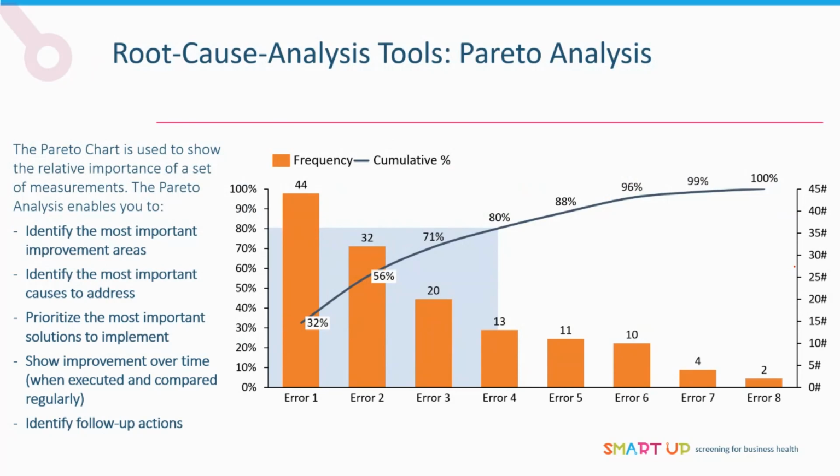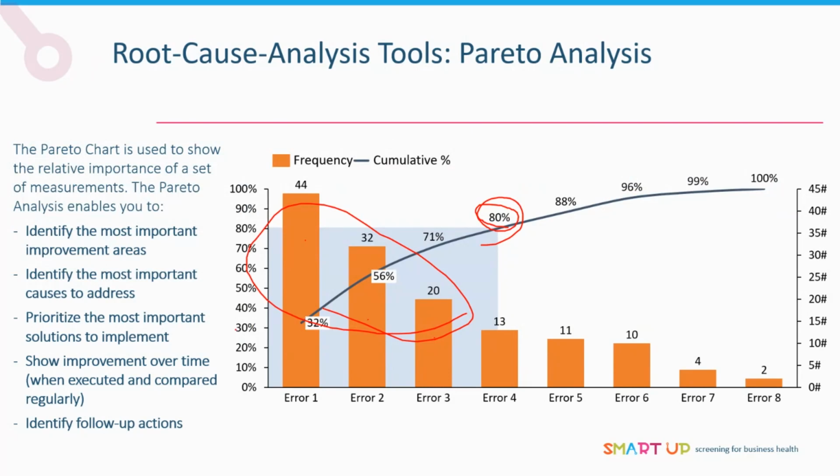The Pareto analysis says that you don't have to worry about the bar graph and the numbers. This is just for your knowledge. If you see, 80% of the errors are caused by only three issues.